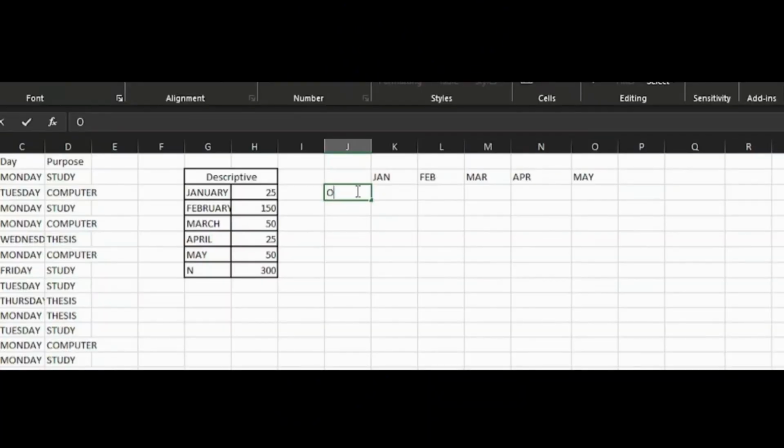Now, we will construct an observed value table. Once you are done with the observed values, add or type the expected values given based on the assumption.